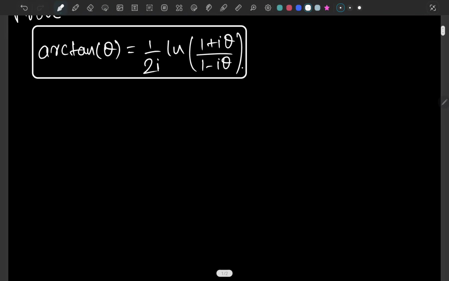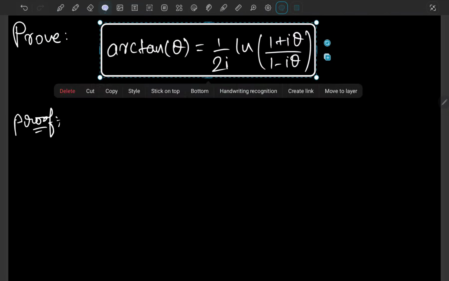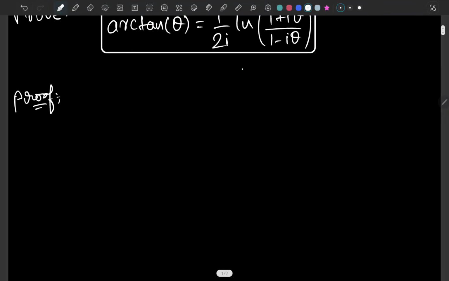Okay, so we have to talk about the proof. To prove this, what we're going to do here is let z equal arctangent of theta.